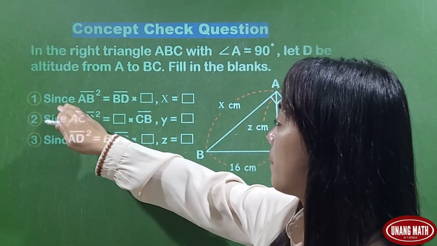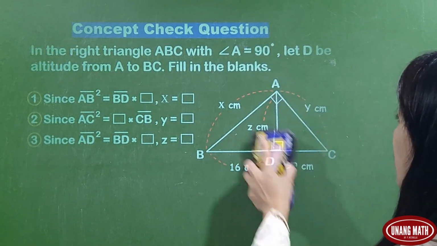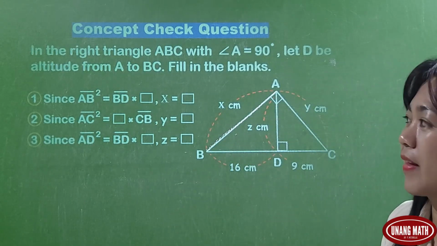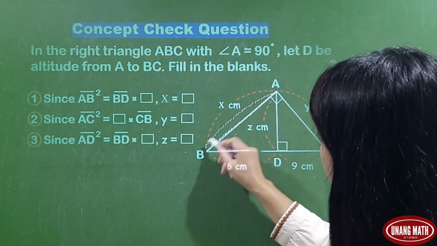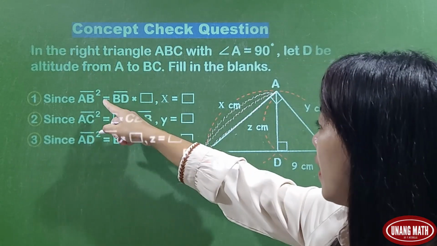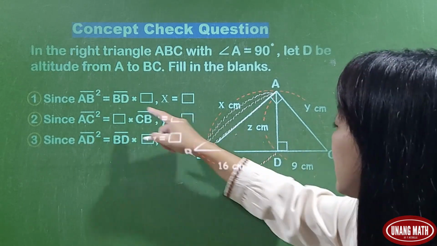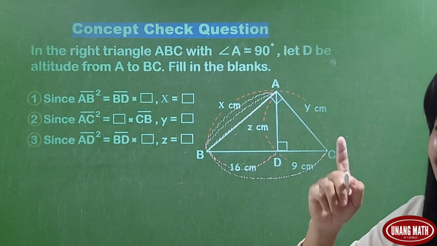Since segment AB squared, so where is segment AB squared? This segment. AB squared, so meaning 2 times of this one is equal to segment BD times segment BC.